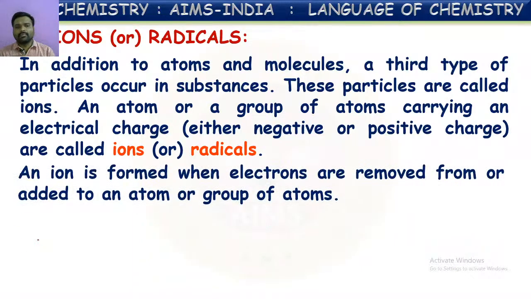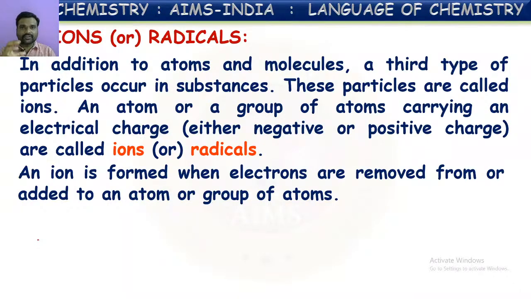An ion is formed when electrons are removed from an atom or electrons are added to an atom or group of atoms. Ions or radicals are formed when electrons are added to an atom or removed from an atom. Sometimes electrons are removed not only from atoms but also from a group of atoms, and in those cases also ions are formed.